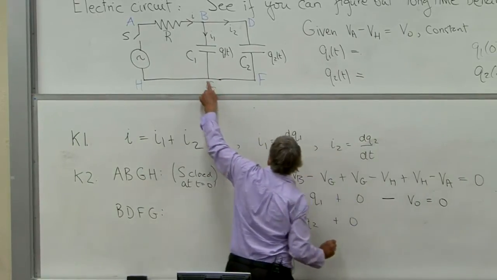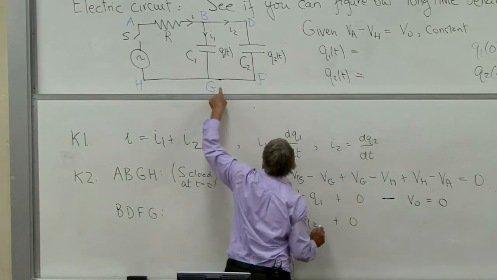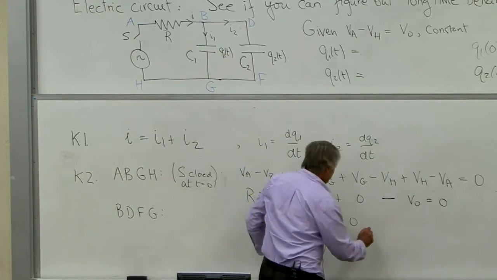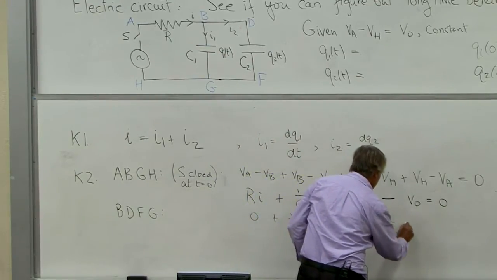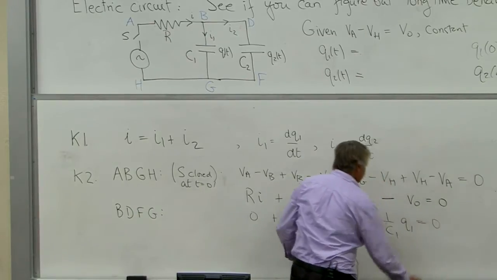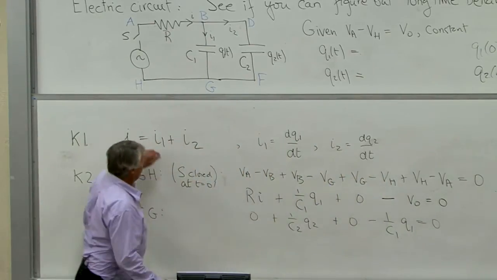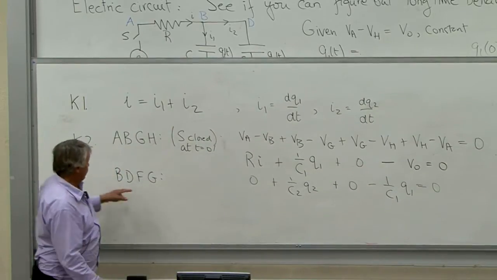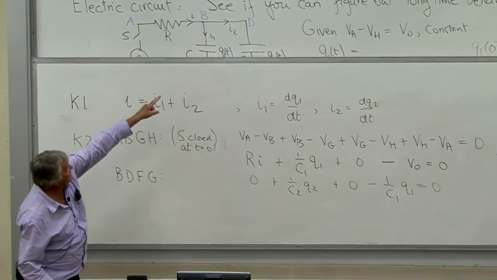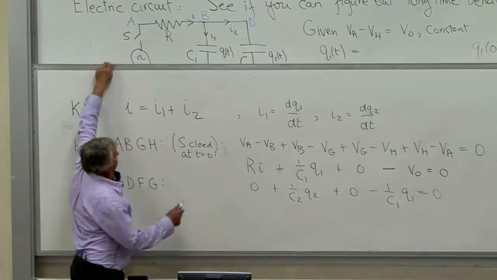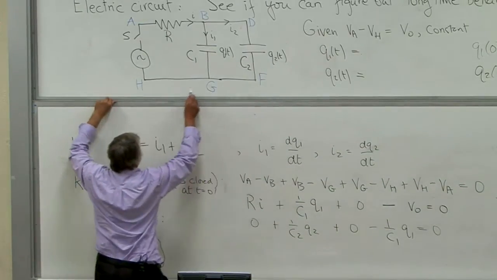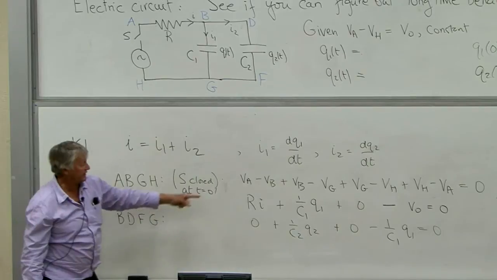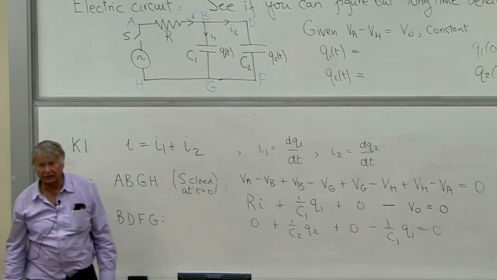And the drop across this one. Remember, the current is coming this way. Minus 1 over C1 Q1. Okay. So now I have all the information. If I go to the circuit A, B, D, F, G, H, I would only get the sum of those two equations.